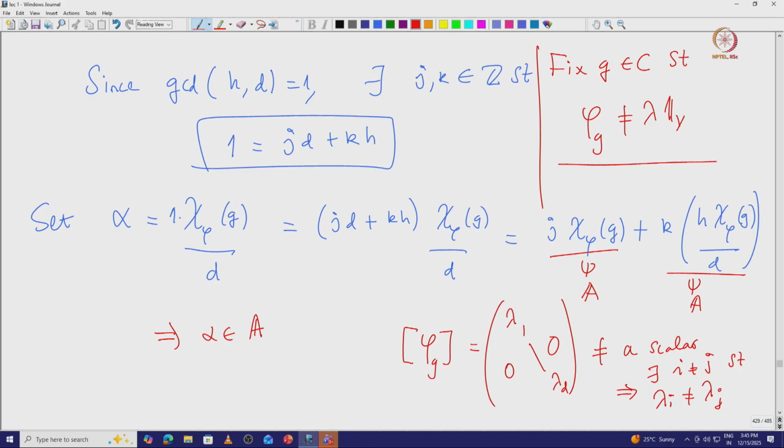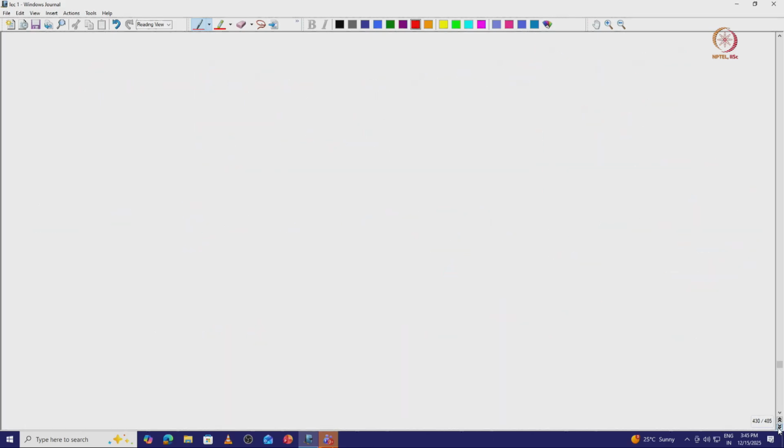Now look at the value of chi phi of g. It is exactly the trace of phi g, which is lambda 1 plus etcetera plus lambda d. Since not all the lambdas are equal, the absolute value of chi phi of g is strictly less than 1.